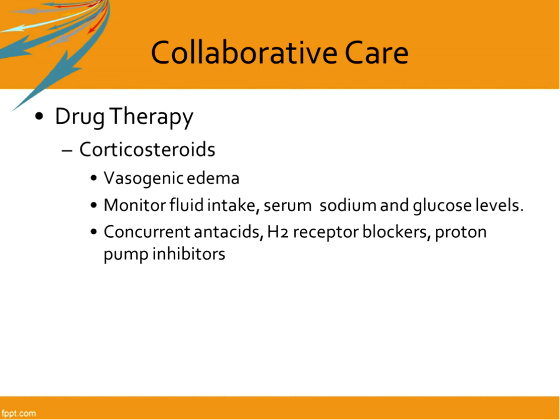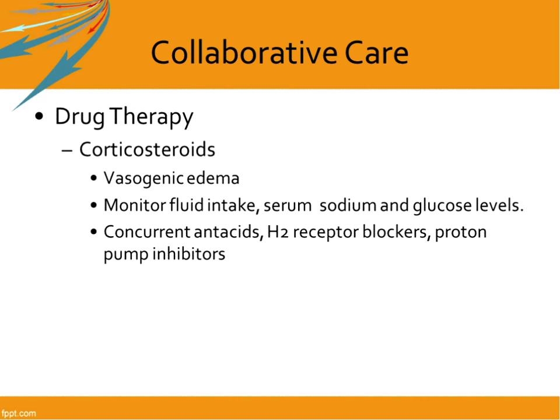When it stabilizes the cell membrane, it helps to prevent inflammatory mediators. Some complications include hyperglycemia, increased incidence of infections, and GI bleeding. We need to keep an eye on fluid intake, sodium and glucose levels.